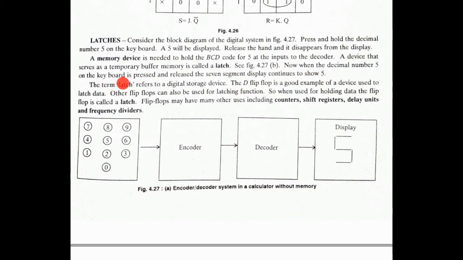The term latch refers to a digital storage device. The D flip-flop is a good example of a device used to latch data. Other flip-flops can also be used for the latching function. So when used for holding data, the flip-flop is called a latch. Means a flip-flop can be regarded as a latch when it is used for holding any data.